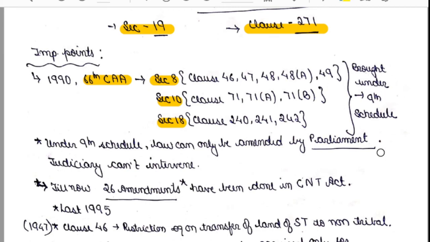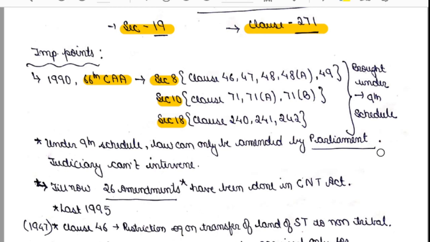We have also studied under the SPT Act of 1949 that by the same 66th Constitutional Amendment Act, except clause number 53, the other clauses were brought under the ninth schedule. Similarly, in the CNT Act, by the 66th Constitutional Amendment Act, section number 8, section number 10, section number 18 were brought under the ninth schedule. So this fact becomes very important from the prelims perspective.